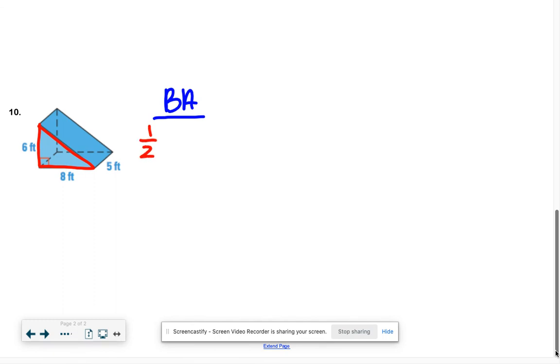Half base times height. Our base is 8, our height is 6. So 8 times 6 is 48, divided by 2 is 24. And remember, we have 2 bases, so we have to multiply that by 2. So our base area is 48.